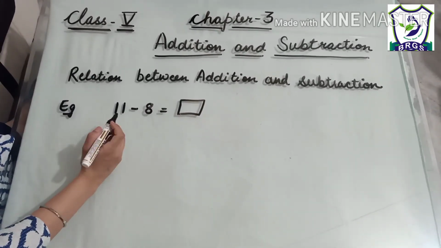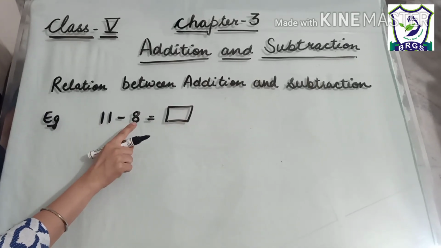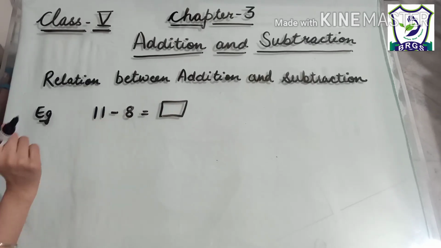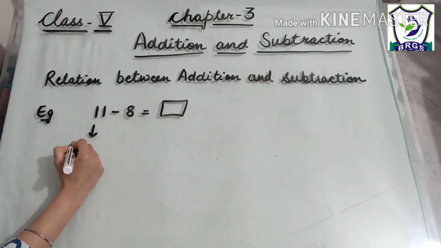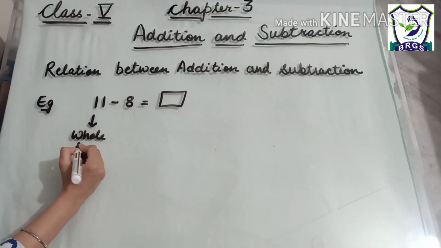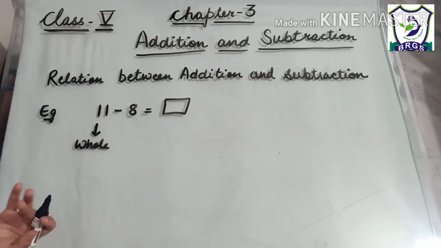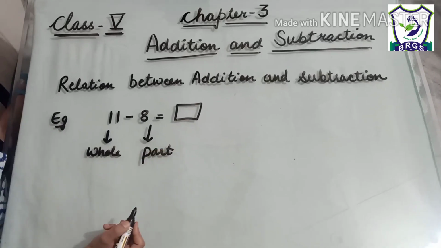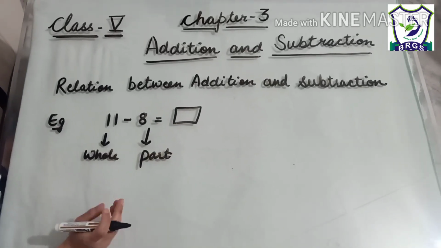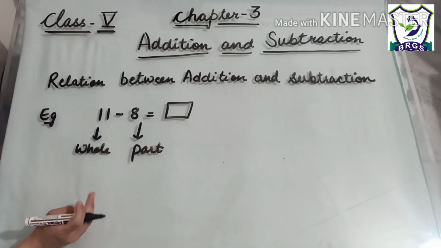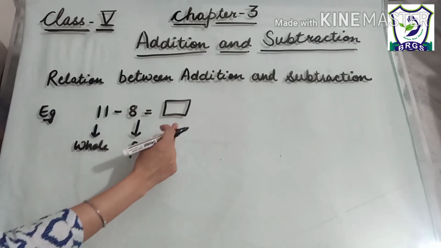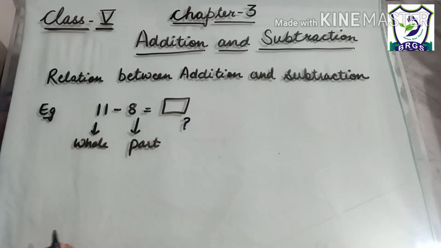It means 11 take away 8, so we are subtracting 8 from 11. So 11 is the whole, which is complete, and 8 is a part, because it is a subtraction case, and we are missing another part.